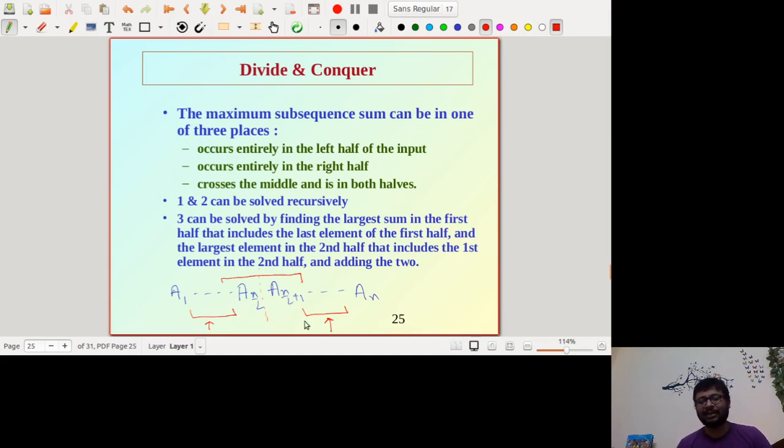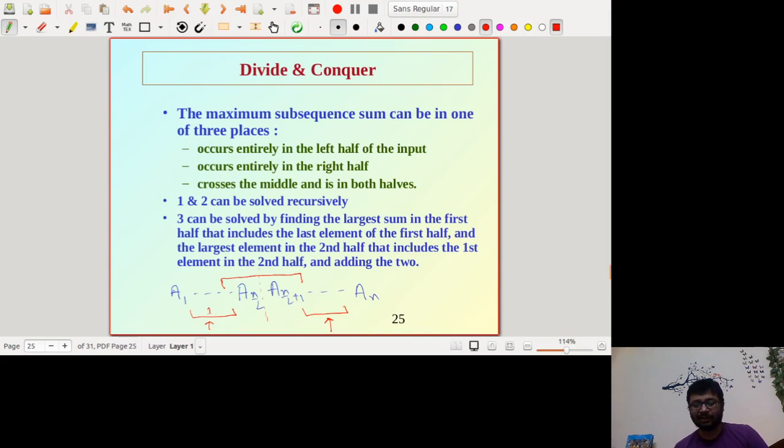Similarly, I'll get the maximum subarray sum of the second half of the array by a recursive call to the same function on the second half. Now I'll have to do something about the subarrays that cross the middle of the array. So 1, 2 can be solved recursively, and 3 remains.